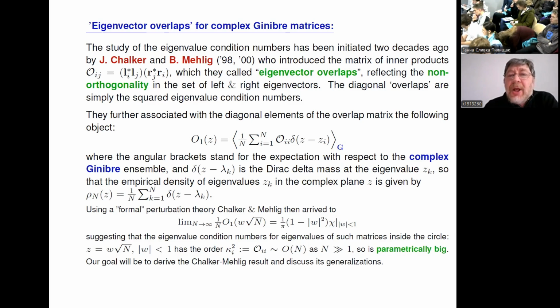This is in contrast to the case of classical invariant ensembles of random matrices for the self-adjoint case, where there is in fact no issue about statistics of eigenvectors, because eigenvectors for such invariant ensembles, for example, Gaussian unitary ensemble, are just a random set of vectors forming columns of a unitary matrix, which is Haar distributed on the group.